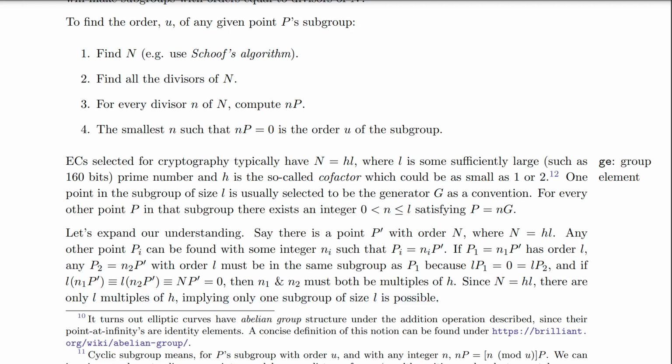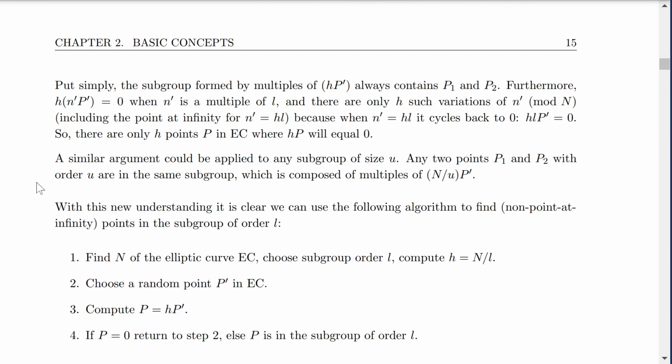So if we start with a point P prime and we generate, kind of randomly, these two other points, P1 and P2, and we notice that both of them have order L, then they must be in the same subgroup, and only one subgroup of size L is possible. So put simply, the subgroup formed by multiples of h P prime always contains points P1 and P2.